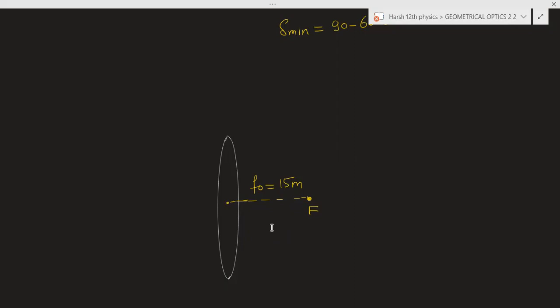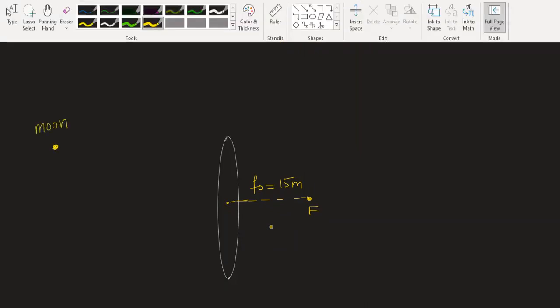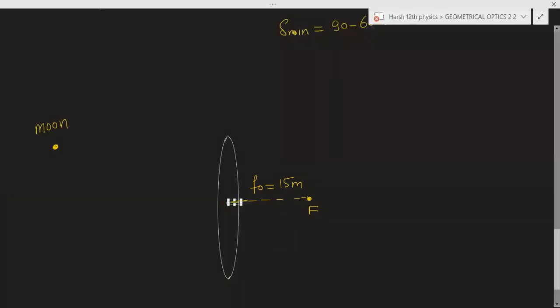So you are watching, suppose here somewhere is your moon. We'll draw one straight line like this.